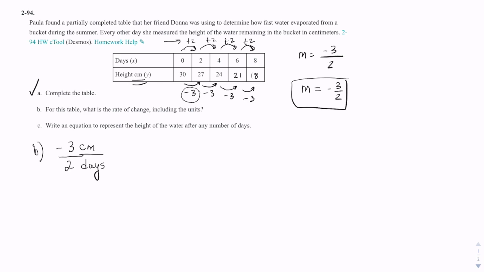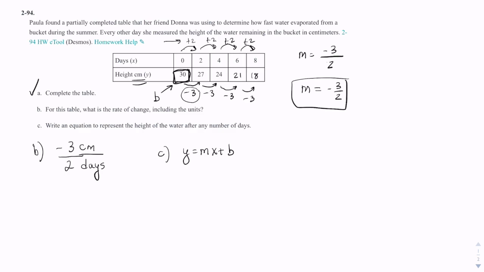And for C, it says write an equation to represent the height of the water after any number of days. Okay, so an important element in a table is when x is 0. So we have 30 when x is 0, and that is the y-intercept, the b, right? When I think of an equation in the form y equals mx plus b, the 0th term is the b, right?